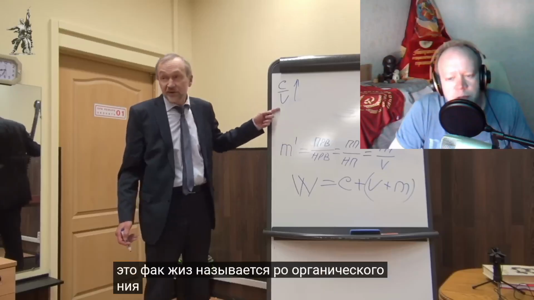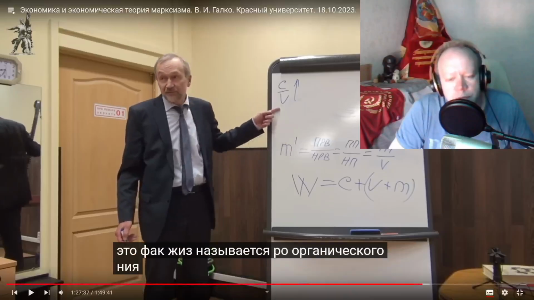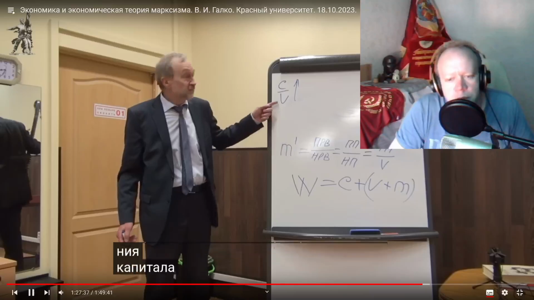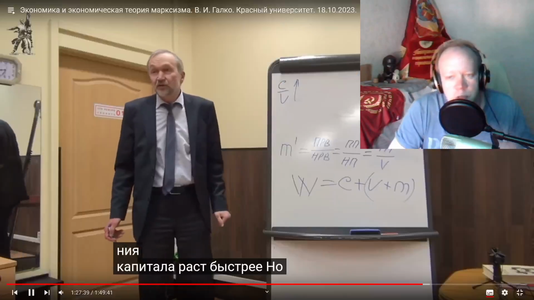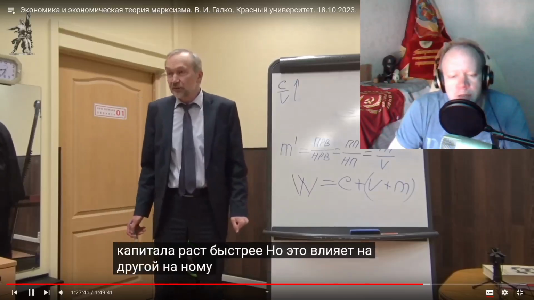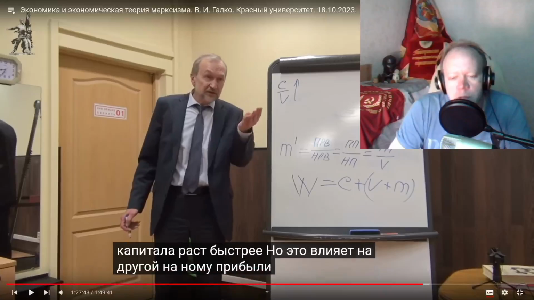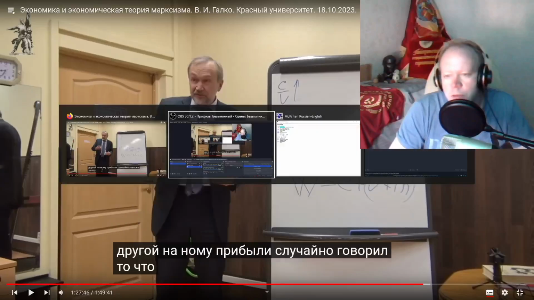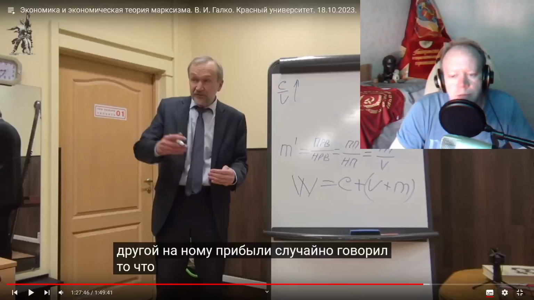This is a fact of life, so to say: the increase of the organic composition of capital. So C increases faster than V, but this influences the income ratio. This influences the rate of return.